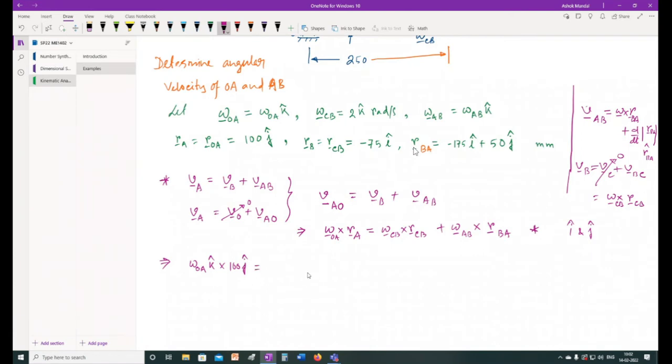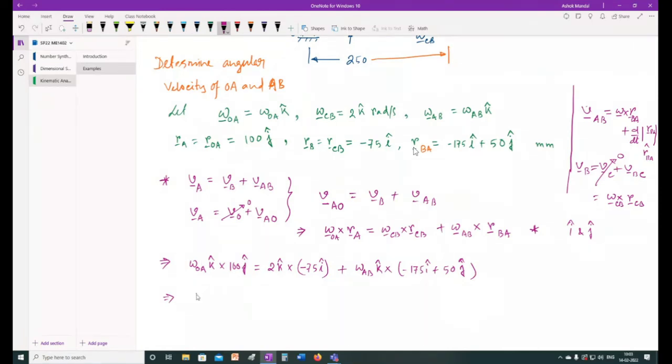Now tell me what is omega CB? 2K, and then minus 75 I. Then omega AB K cap, cross in bracket minus 175 I plus 50 J. Can you do the multiplications and tell me finally what you are getting from here?